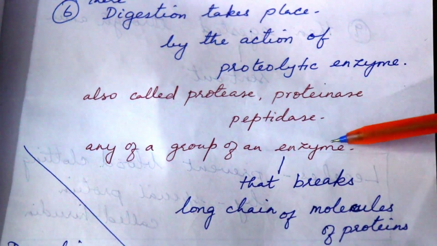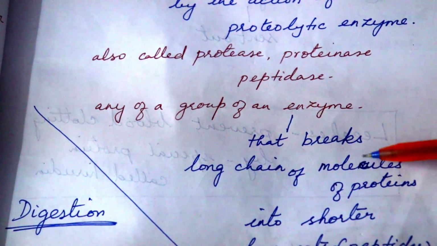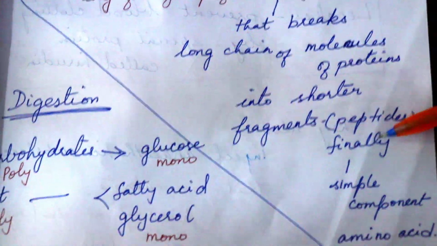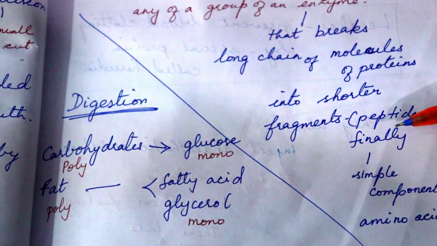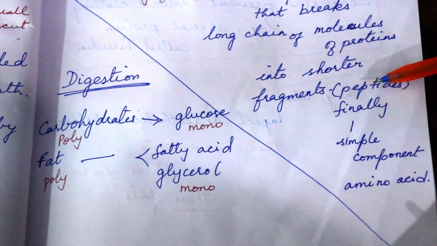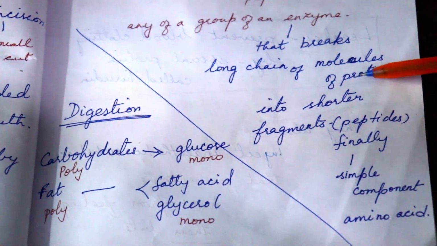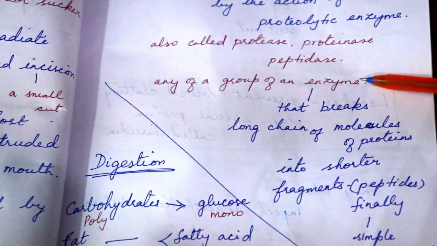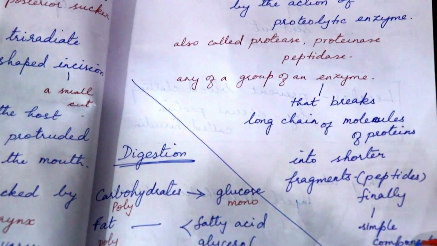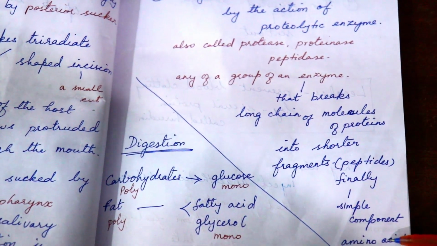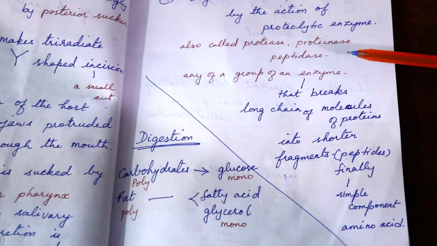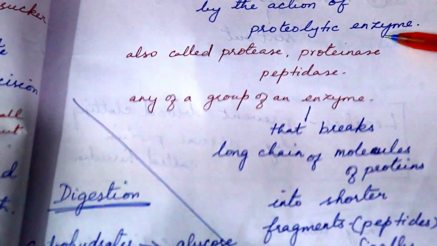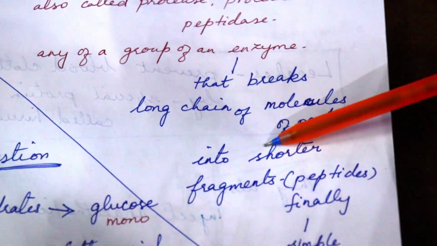It is any of a group of enzymes that break the long chain molecules of proteins into shorter fragments, that is small peptides finally, nothing but the breaking of polypeptide protein into its simple component called amino acid. So through proteolytic enzymes, might be protease, proteinase and peptidase, the digestion takes place. How does digestion happen for us?